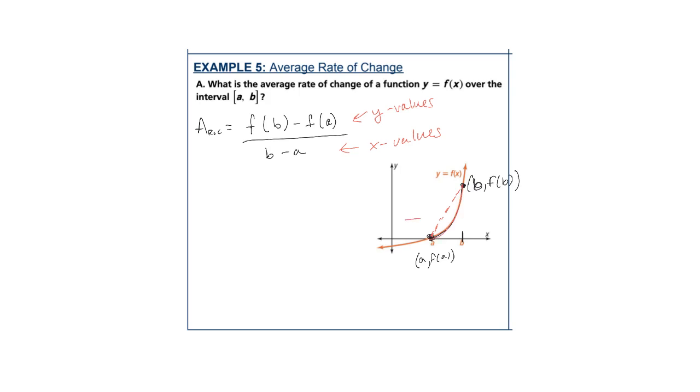So this is our average rate of change, and that's our slope of our function for interval A to B. That's kind of the formal definition. What we'll do is go through an example together to help you guys out.